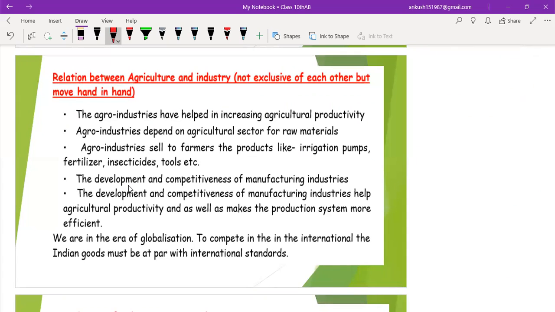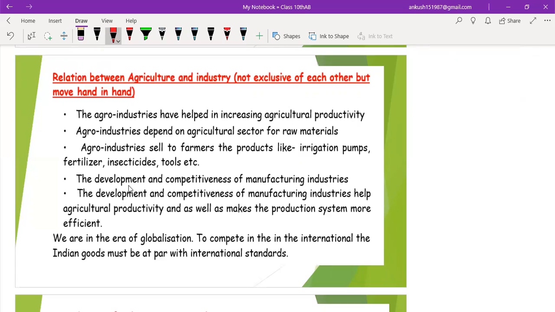Another thing that is given here is the relation between agriculture and industry. Now let us understand this, and through this we will go towards the types of industries which are run in our country.